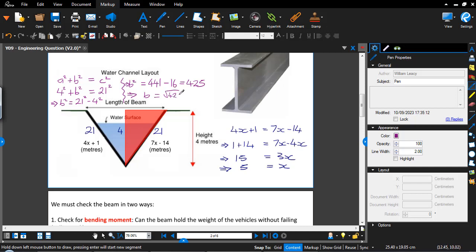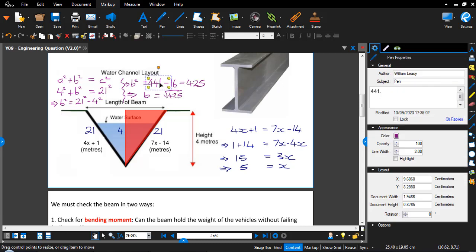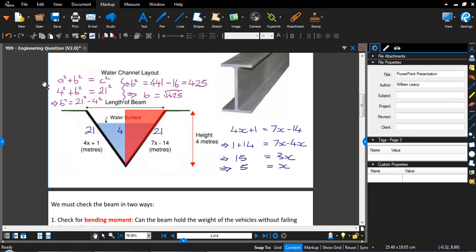Now, if that was me, I'd leave it as the square root of 425, okay? Because that's an exact value. If you go into decimal, the square root of 425 is irrational, so it'll go on forever. If it were me, I'd leave it as that, but I know maybe some of you don't want to do that, but that's fine.